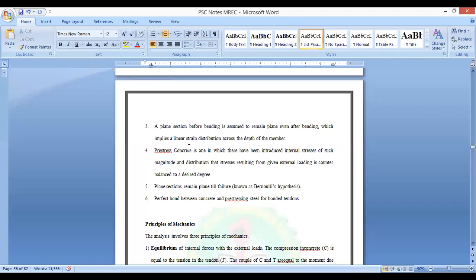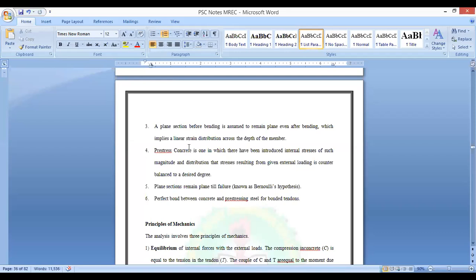If you see the strain graph of any element, when it is under elasticity your graph will be linear, isn't it? So the linear strain distribution across the depth of the member implies that your member is plane before and after bending.